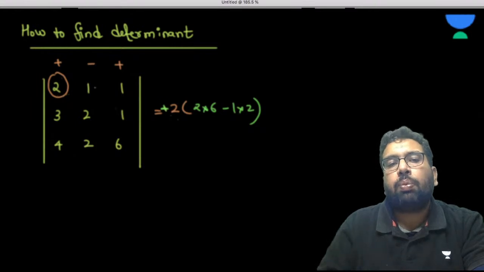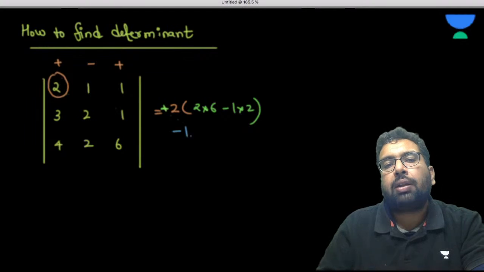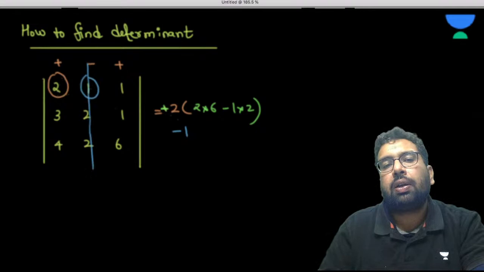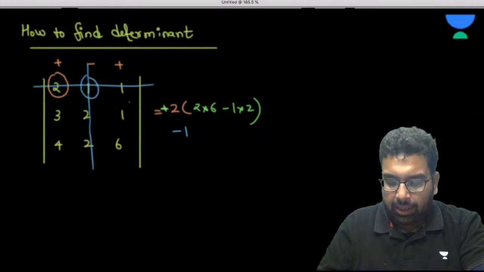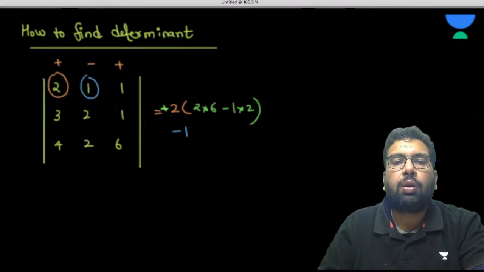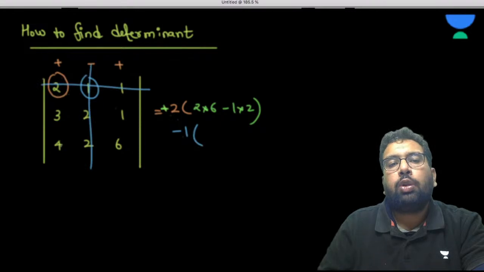Now see, if I move forward, plus 2 minus 1, I came to this. Now I am putting a line on this. I am not seeing these two; this has to happen in your mind. So plus 2 minus 1. Now minus 1, when we put the line over it, we have this 3 6 and 1 4.